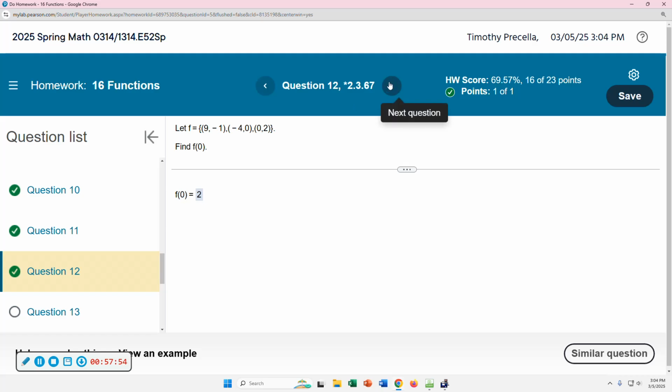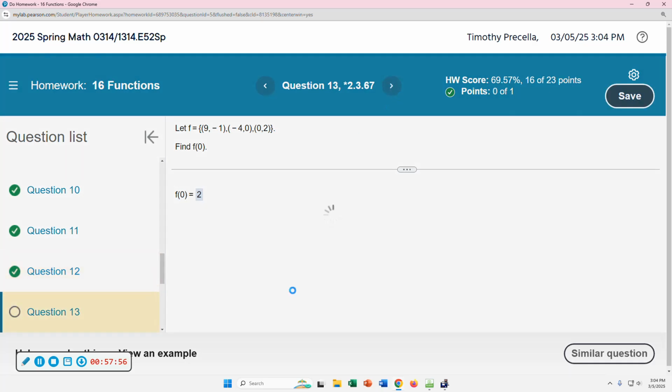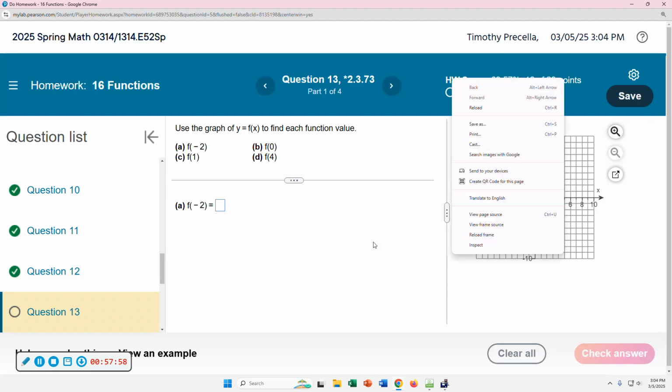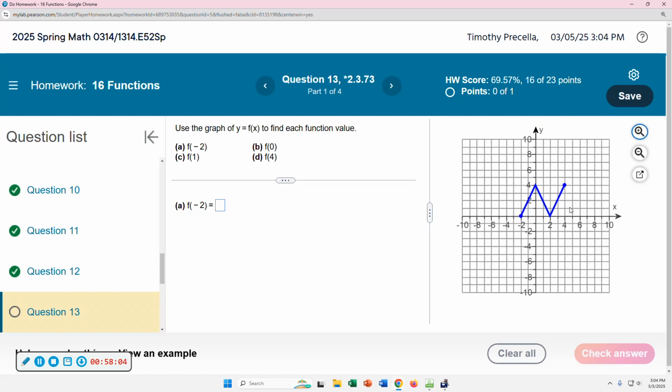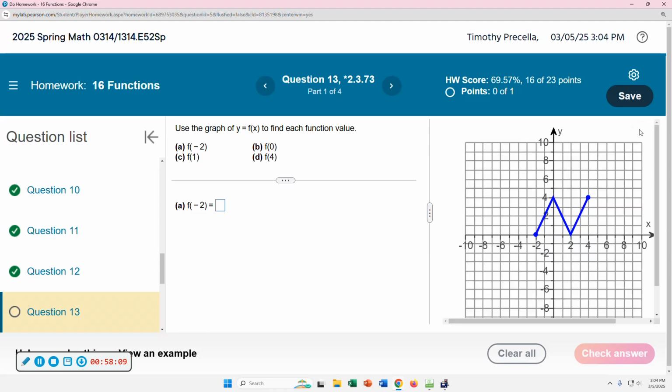There's a third way of expressing functions, graphically. Here it is. The number in the parentheses is x. Well, how do you find the y? You have to look at the graph.